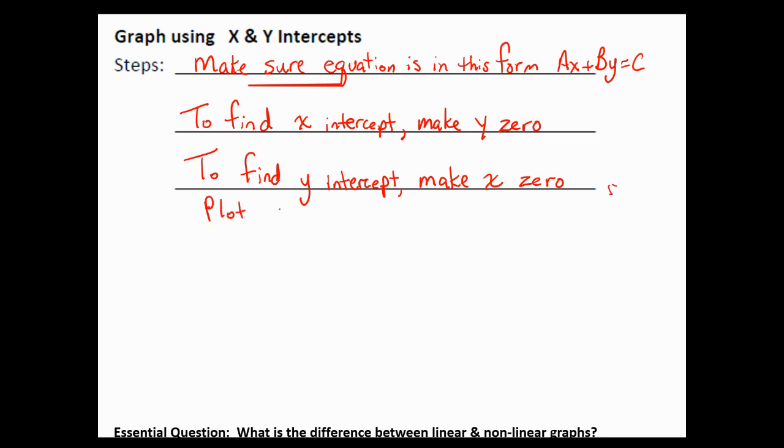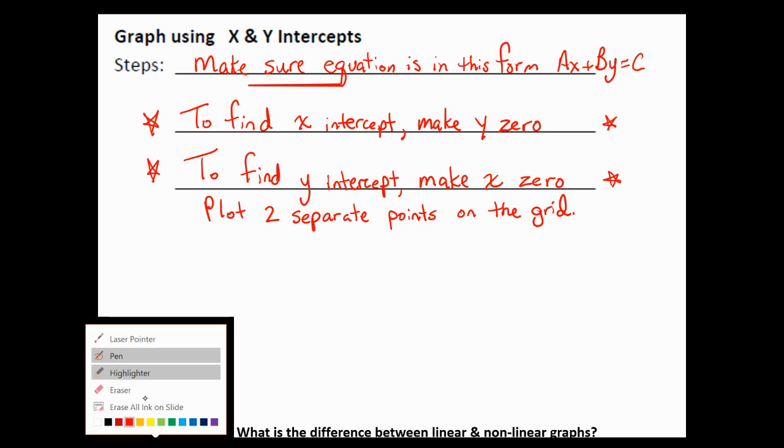And then plot 2 separate points on the grid. So the most common thing for students to do in error here is, you're going to get a number here and a number here, and the most common error is for students to put those together into one point, and that's not what we're doing. So we're making 2 different points, one here for the x-intercept, one here for the y-intercept.